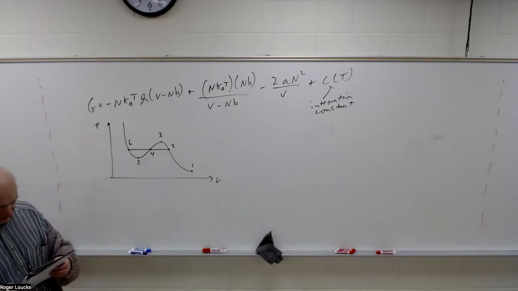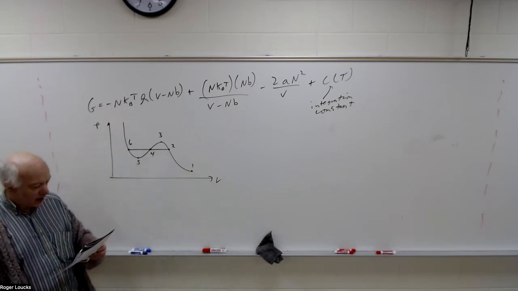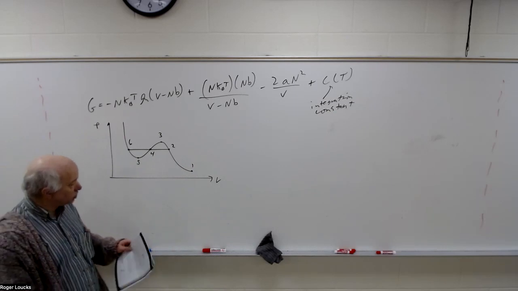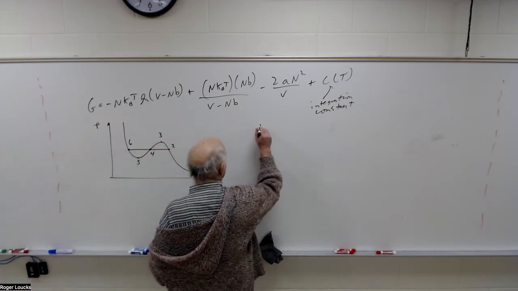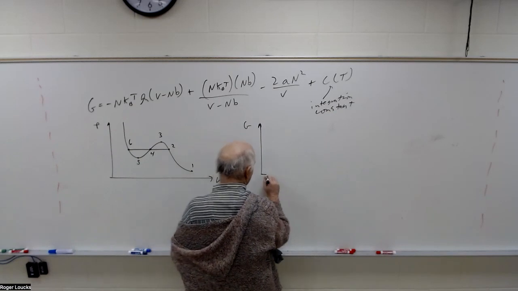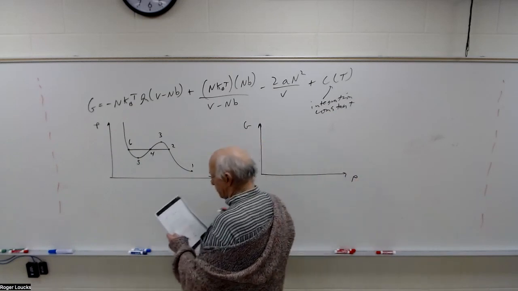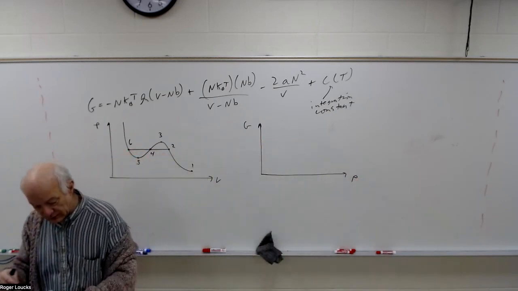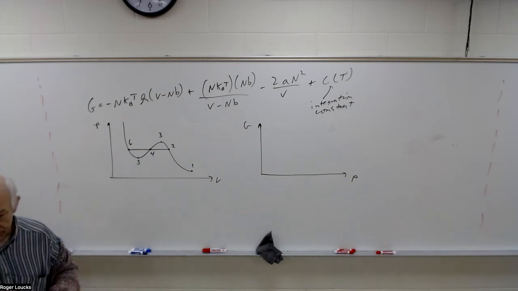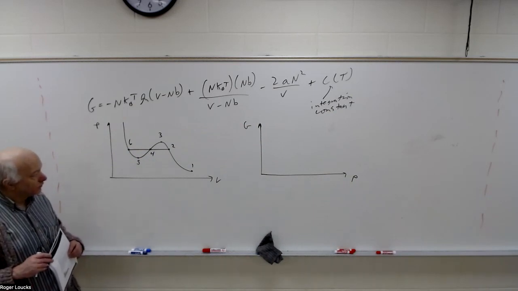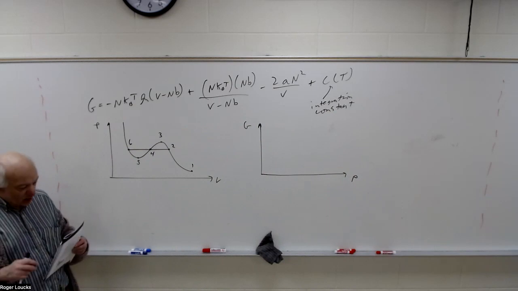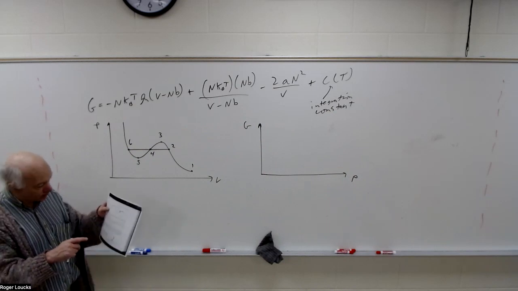I said 3 for a second. Okay. And what he's going to do, he's going to plot G versus P. He really plots it over this one critical point, but it doesn't really matter here. Okay. And he gets an absolutely bizarre shape.